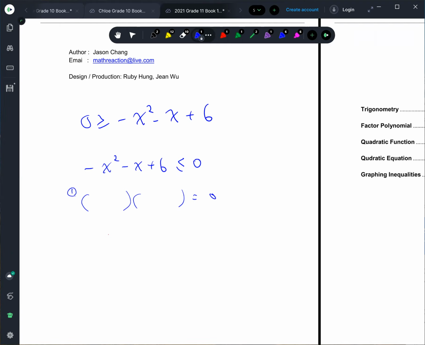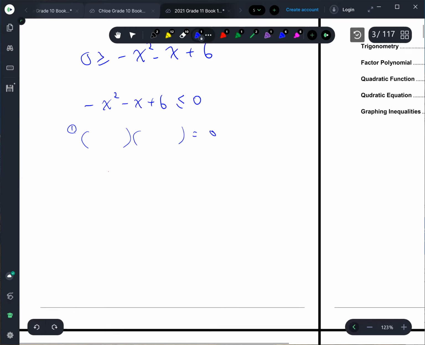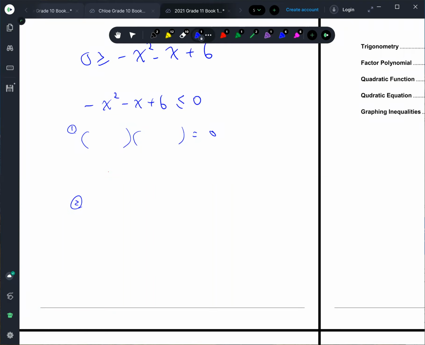Let me know when you got it. Is it like you factor the negative out first? You can factor it out, or you can keep it there to factor.